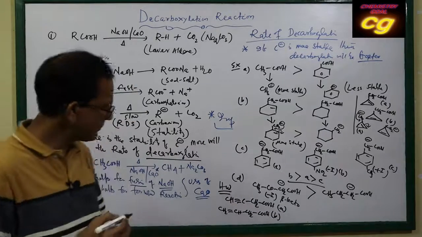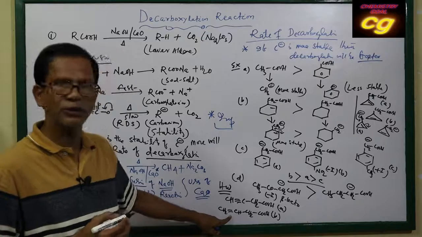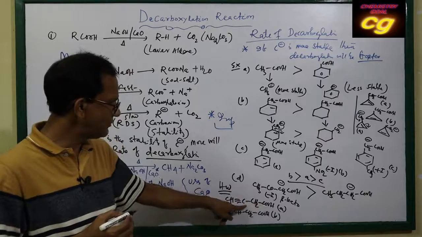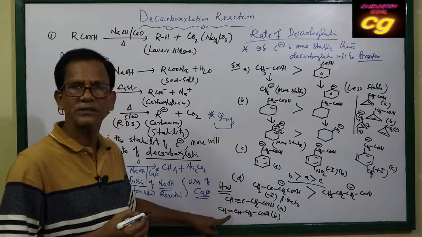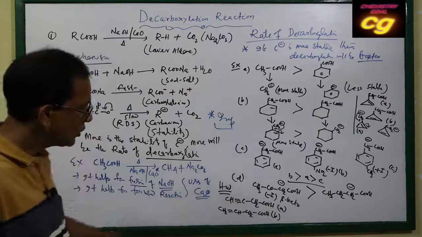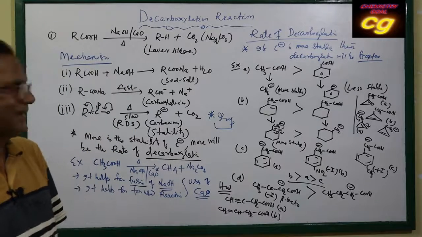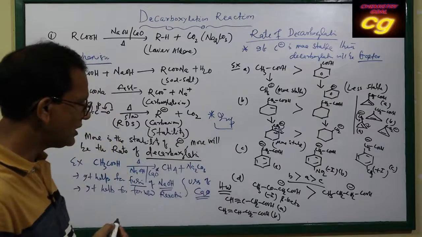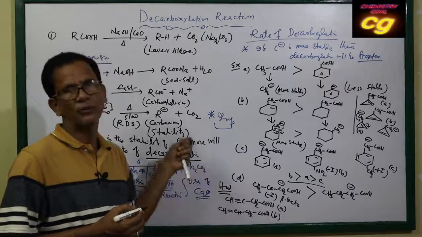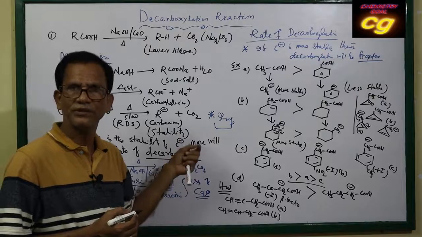So everything is the same. One has a triple bond, one has a double bond. It is also an acid derivative, it is also an acid derivative. My question is, in which case is the rate of decarboxylation faster? We just have to think about the minus effect. I am giving some hints.